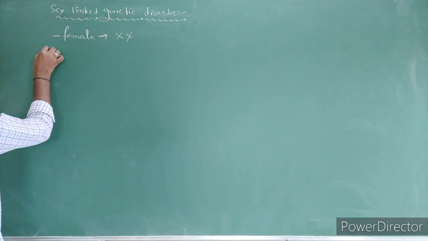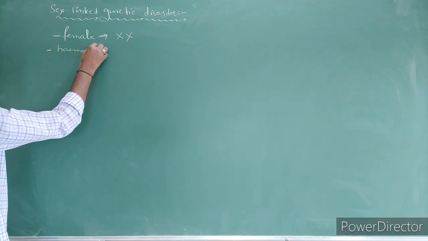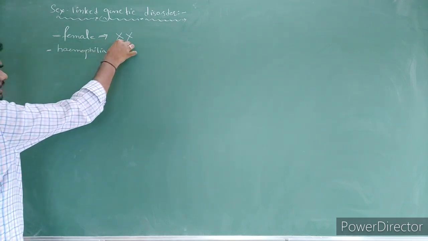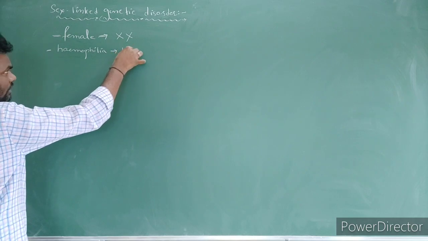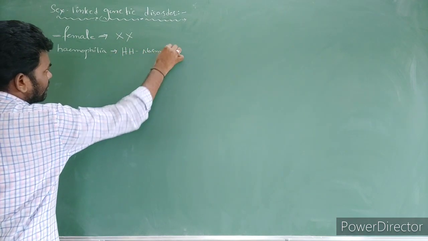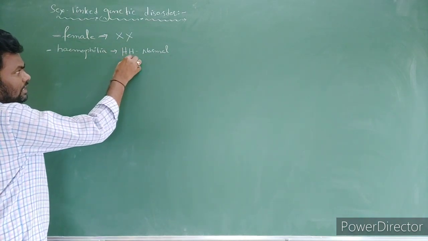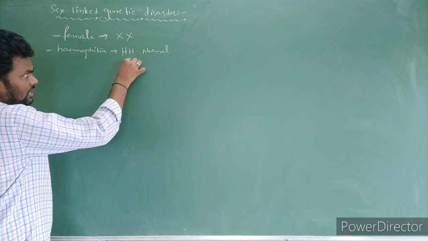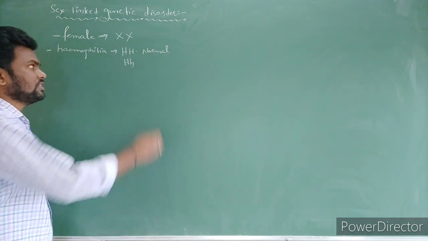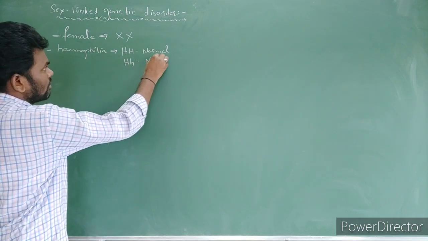Now we are discussing hemophilia. Such genes we represent, for example capital H, it is normal. And according to Mendelian, capital H and small h is also normal, but the genes are heterozygous in condition.